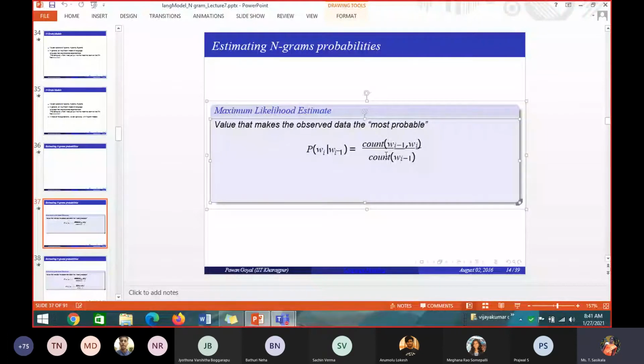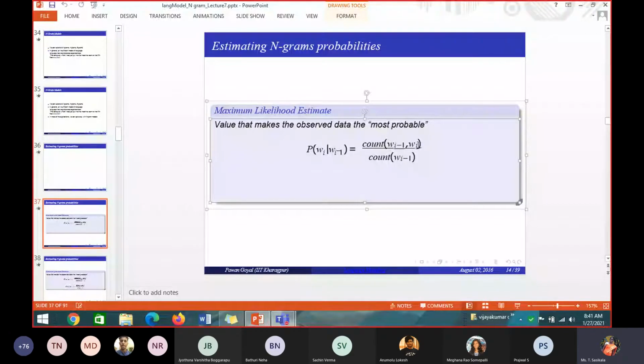That is the count of WI minus 1 comma WI divided by the count of WI minus 1. How you have to interpret this is, in my corpus I have to find out how many times the word WI minus 1 occurred. Among those times, what fraction of times WI occurred, WI being the word which I want to find.